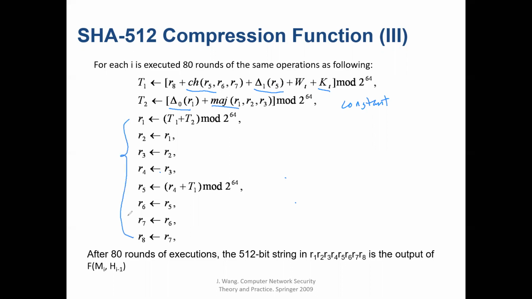So now we update the values of the register. So R1 will simply be T1 plus T2. Again, you want it to be 64 bits, so you modular 2 to the 64. Okay, and so that is how you are getting Hi from Hi minus 1. Okay, so now this is Hi.